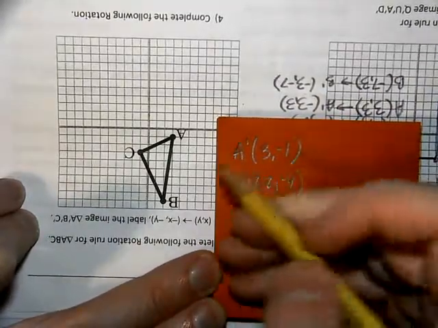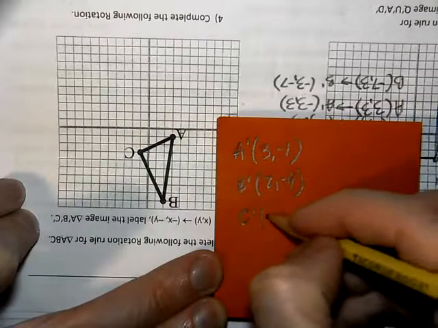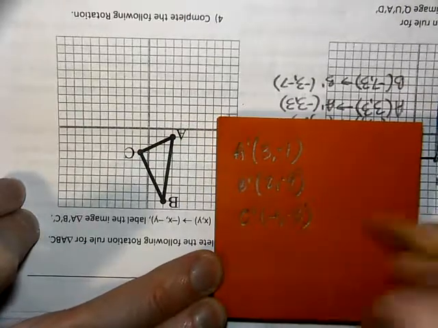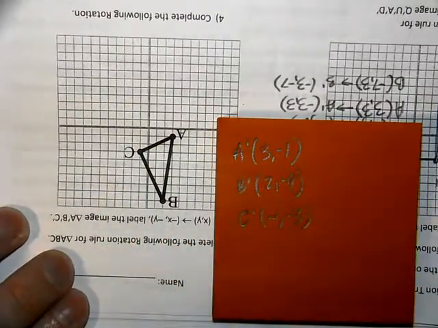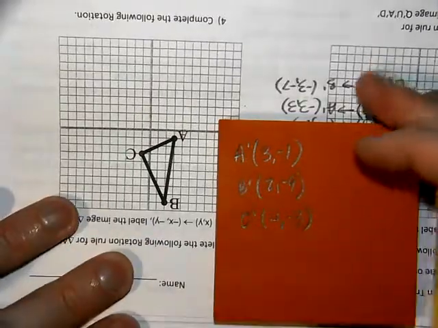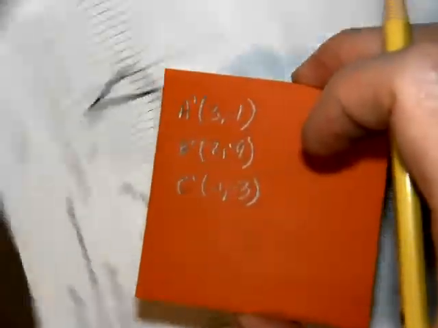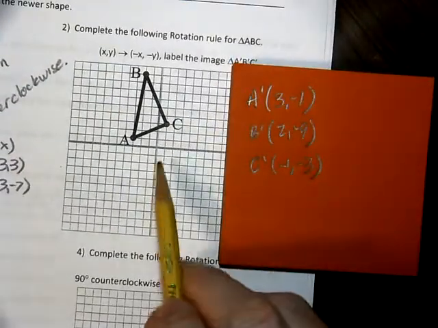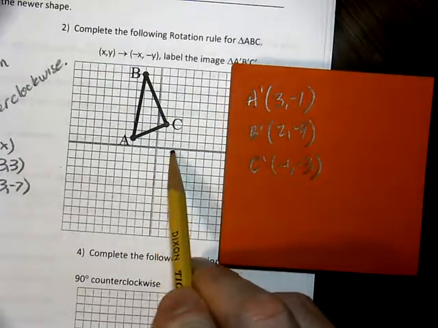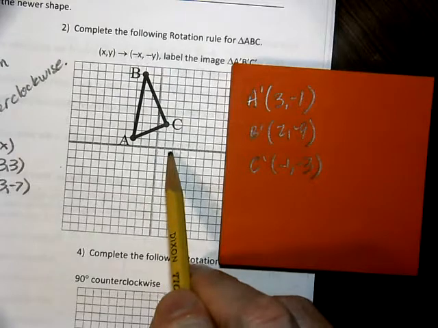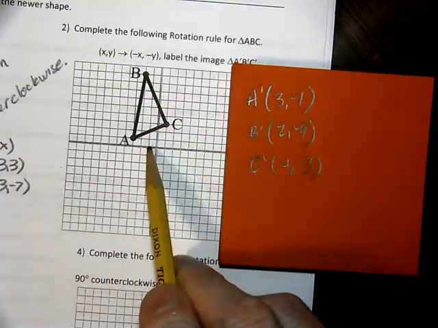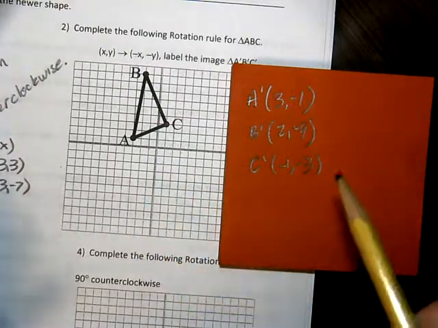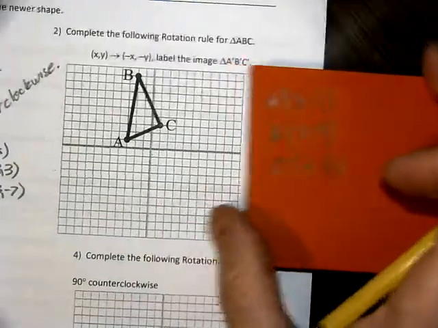And C prime is going to be negative 1, negative 3. That's one way we could do it. And then turn it back around and plot them out. 3, negative 1, 2, negative 9, negative 1, negative 3. And we'd have the exact locations.